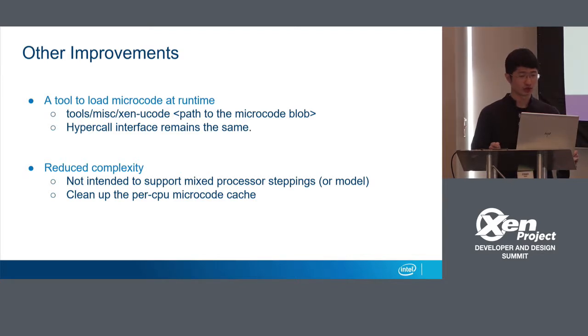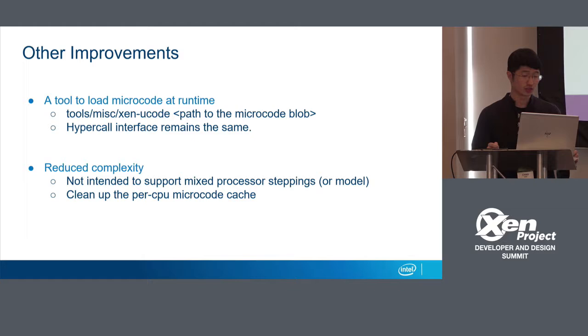We also introduced a tool to load microcode at runtime. It is based on a patch from the kernel, and this tool is placed under tools/misc. The microcode blob should be specified to use this tool, and the hypercall interface remains the same, so it won't leave tools maintained out of tree.